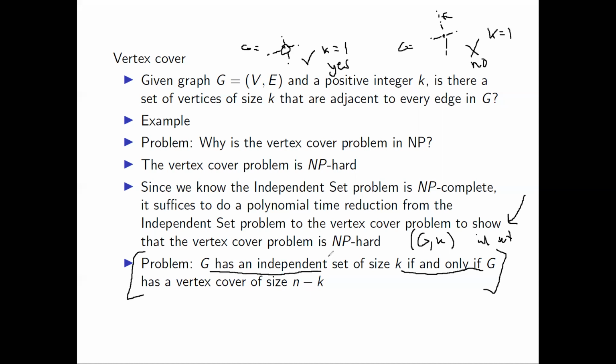If the answer is no, then the answer for that one is no. And that gives us a polynomial time reduction from independent set to vertex cover. And the reduction is real simple. We didn't even have to change our graph G. We just ask the vertex cover oracle about a different integer than k. So instead of k, we use n minus k. Although if k equals n over 2, then of course they're the same.